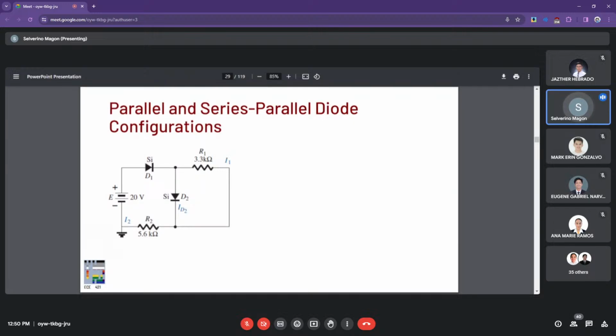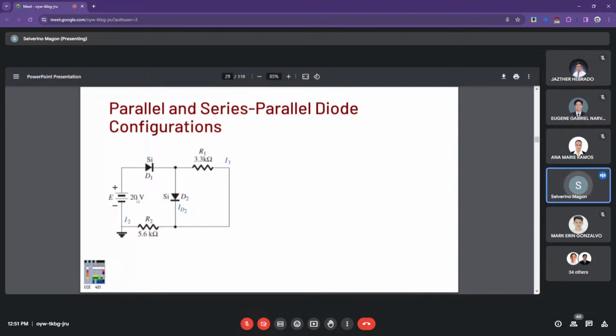Now for further configurations, this circuit can be rearranged in such a way that the voltage drop across R1 or VR1 is equal to the voltage drop across silicon diode D2, which we've said is around 0.7 volts.